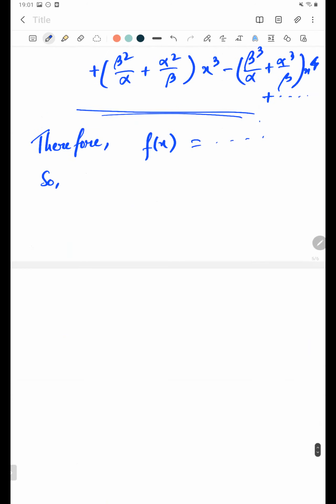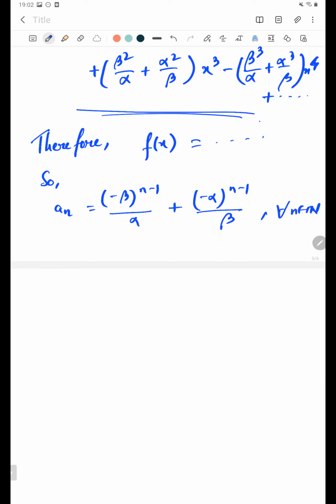So now we have a_n equal to minus beta to the power n minus 1 by alpha plus minus alpha to the power n minus 1 by beta for all n belonging to the natural numbers, the set of natural numbers.